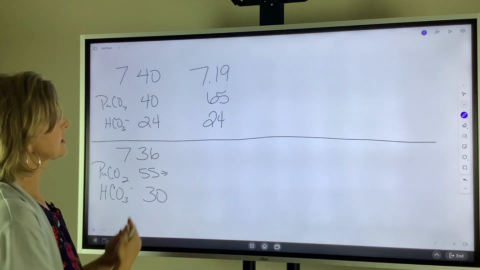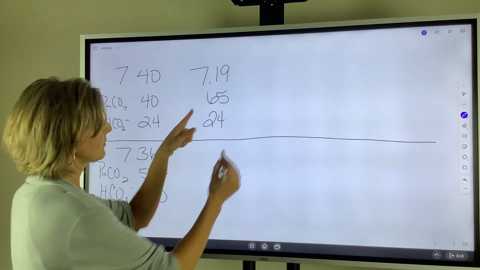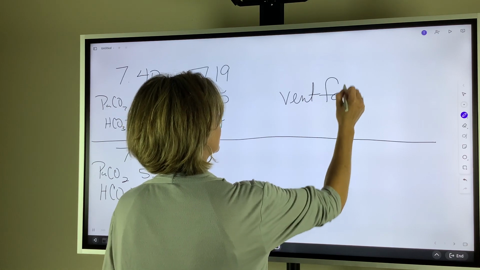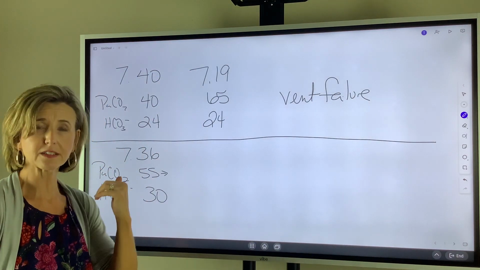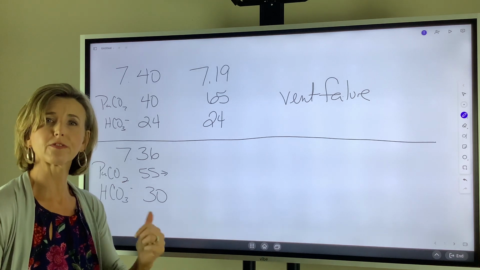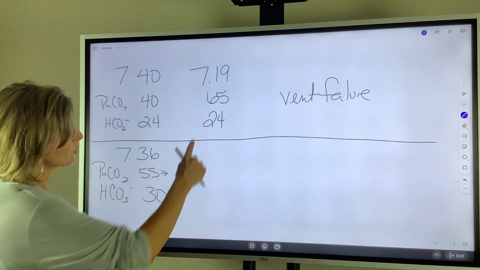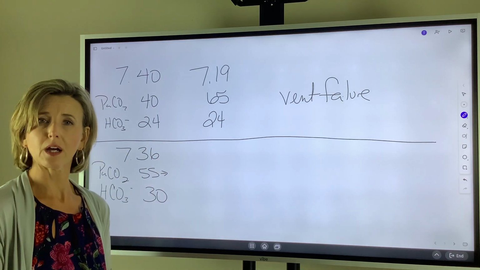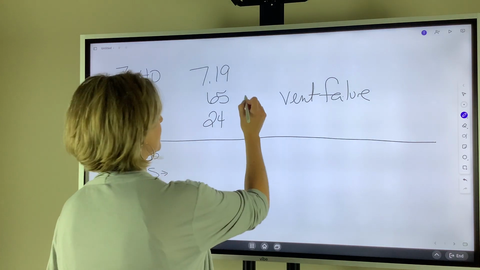So when we look at this blood gas, this person has ventilatory failure because that CO2 is higher than it should be. They're not ventilating. But this has happened so quickly, in fact, that the bicarb hasn't had enough time to elevate in an attempt to compensate for it. So we term this acute ventilatory failure.